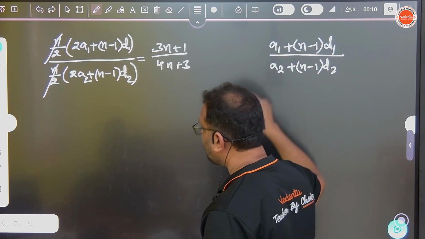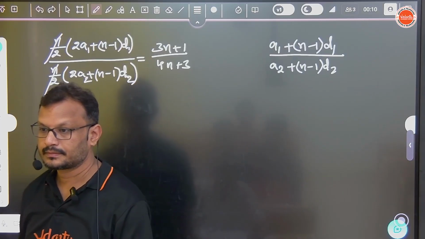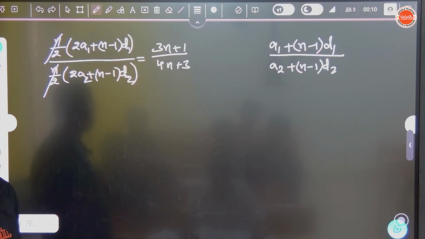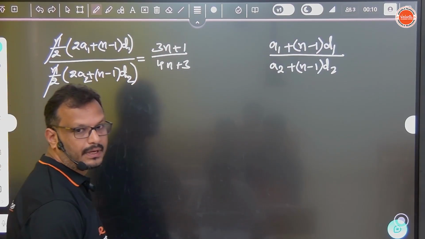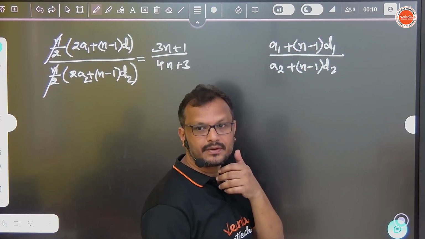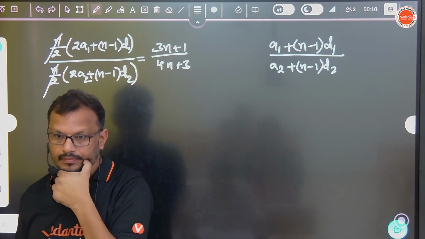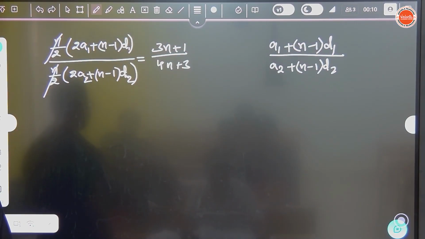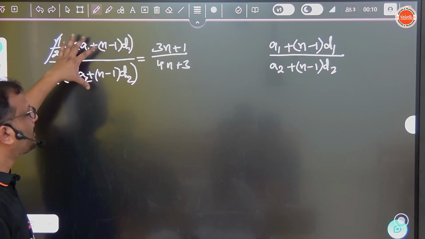Yes, this is the format we need here also. That ratio we need. Here, for example, I am taking the nth term. If you ask me the mth term, in place of n we will replace m. If you ask me the 10th term, in place of n, 10 you will replace.